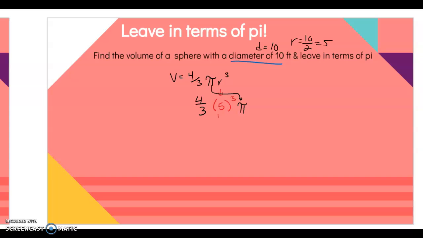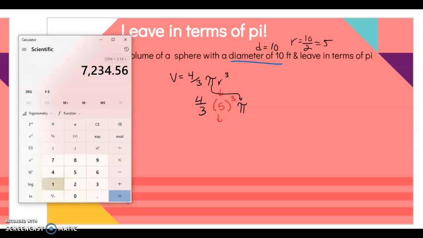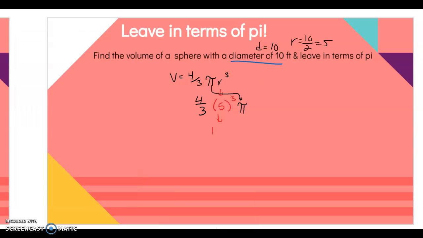Right out the bat, so I don't forget I don't need to multiply. Let's see, 5 times 5 is 25. 25 times 5, I believe is 125. Yep, 125. You know what to do. Multiply it by 4, divide it by 3.